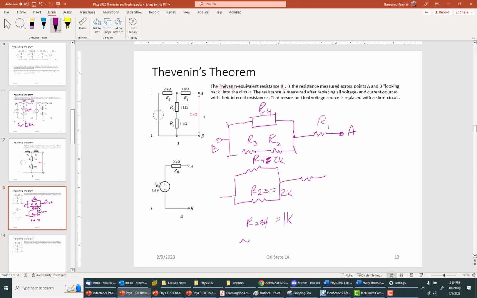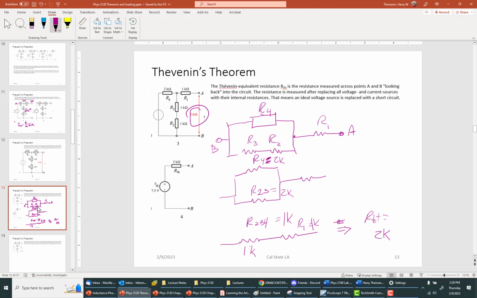As we add together two 2K resistors in parallel, we get 1K. And then we have R1 still here equal to 1K. So then we conclude, therefore, or this implies, that R total equals 2K.